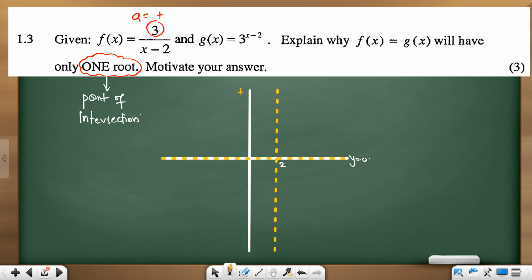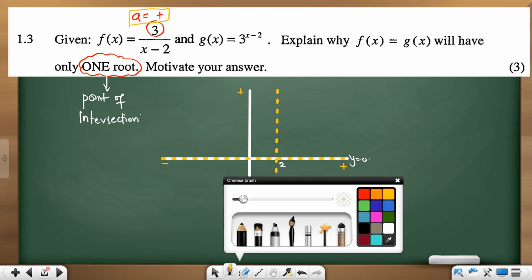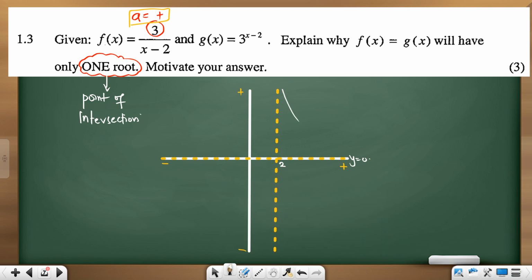Since my a is positive, which two signs do I multiply together to get positive? Positive and positive, negative and negative. It automatically tells me where my graph is. I am done with the sketch of f of x.